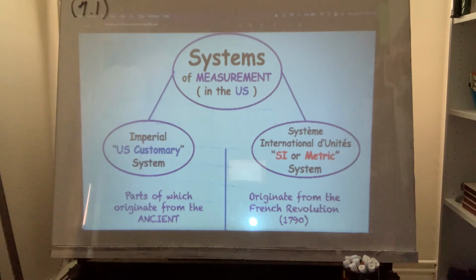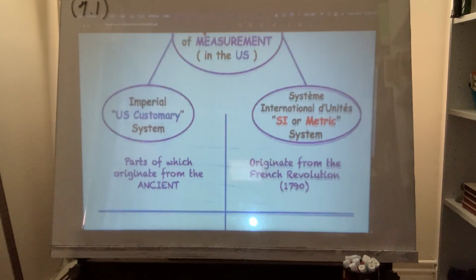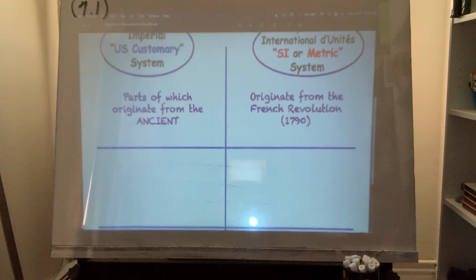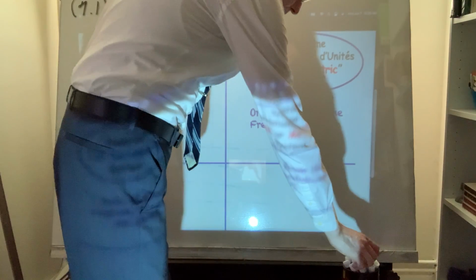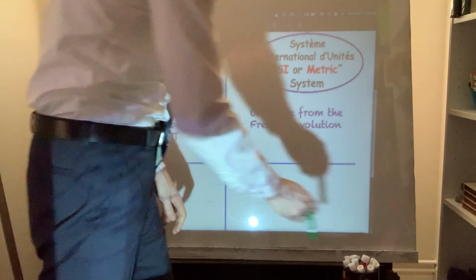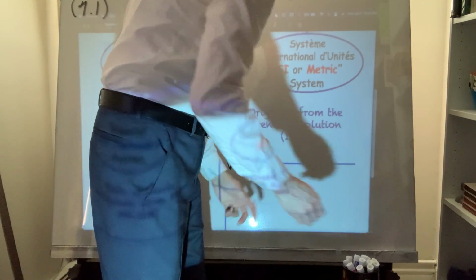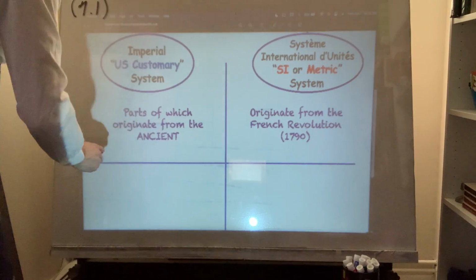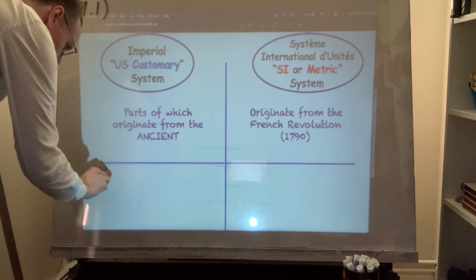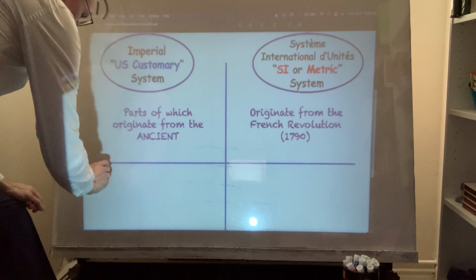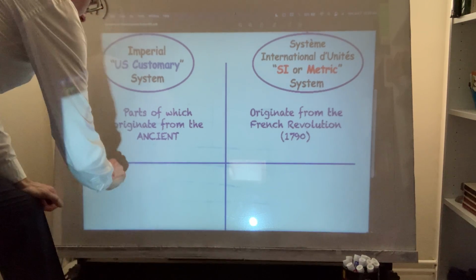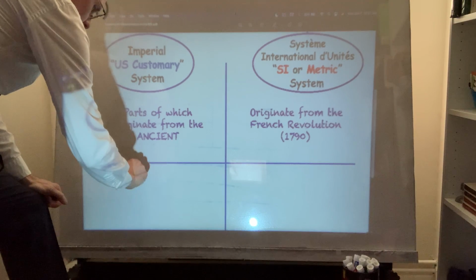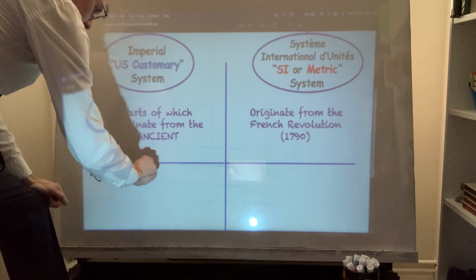Interestingly, parts of the imperial system are actually ancient. For example, an example of the imperial units that we still use here are, forgive my allergies, miles. The Romans had a mile.